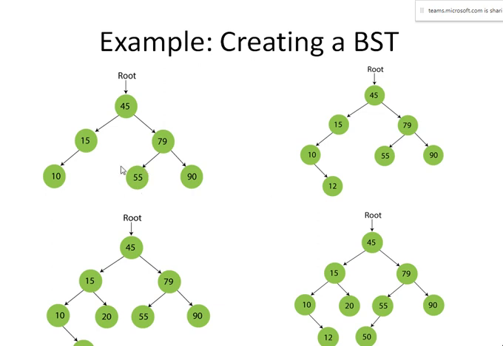Now the next element is 55. Since 55 is less than 79, it will be placed to the left side of the node 79. The next element in the series is 12, and we know 12 is greater than 10. So we make it the right child of node 10.